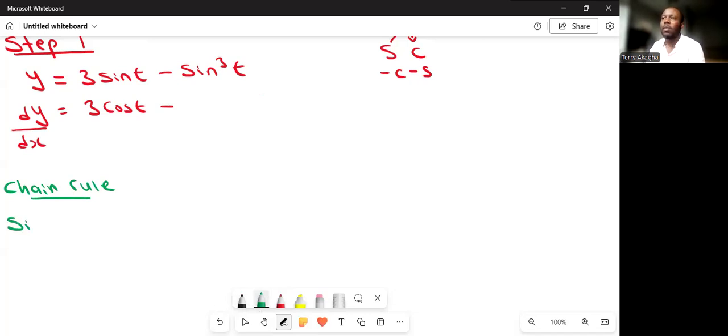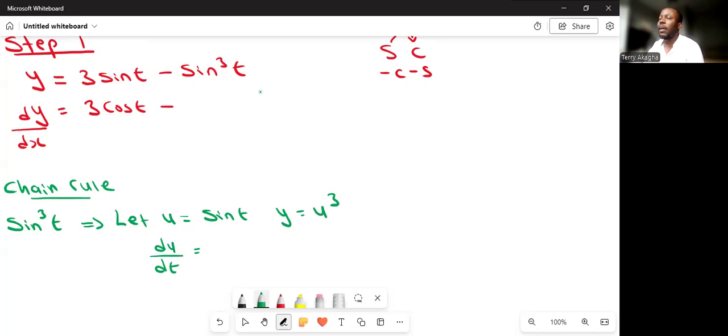So we have sine cubed t. Let u be equal to sine t. Then if u is equal to sine t, y is equal to u cubed. So du over dt, the derivative of sine, gives us cos t, and dy over du gives us 3u squared.